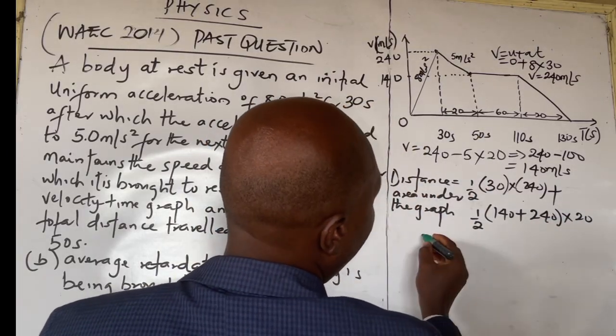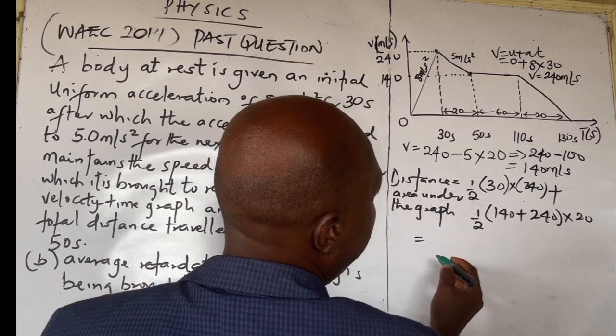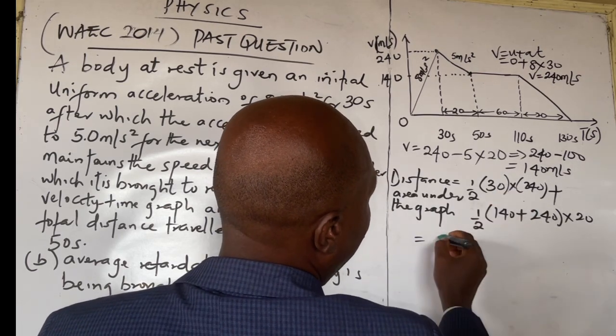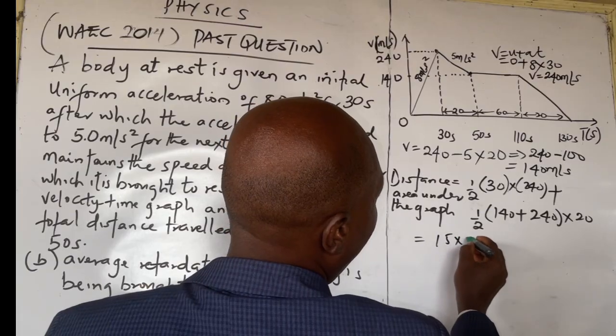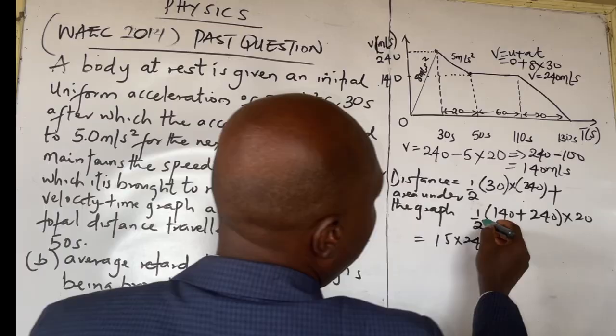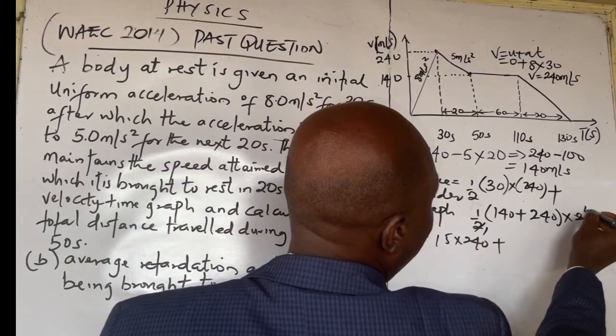So let's finish it up. We have 2 in 30, that's 15 times 240, plus we have 2 here, 2 in 20, that's 10.